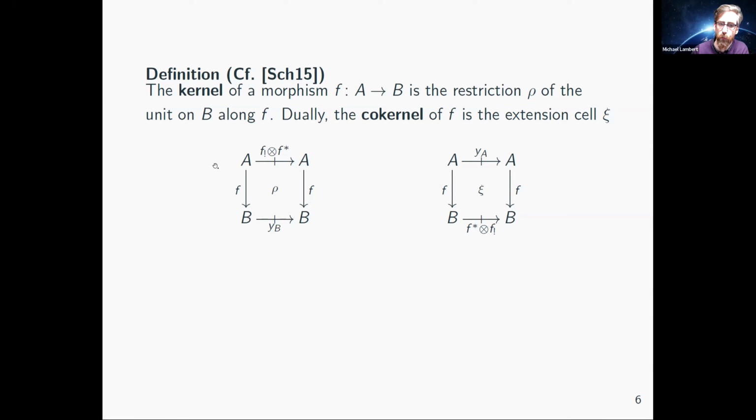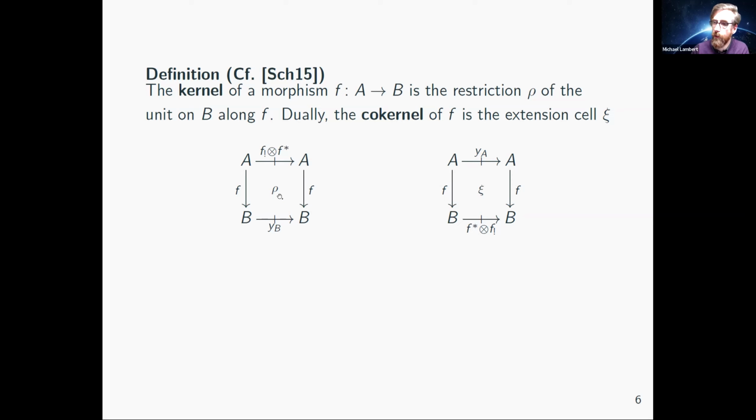I refer to this as the kernel of such a morphism. Likewise, if you instead extend the external identity on A in this co-niche structure with F as the sides, and get this tensor of the conjoint with the companion, that's the co-kernel of F.